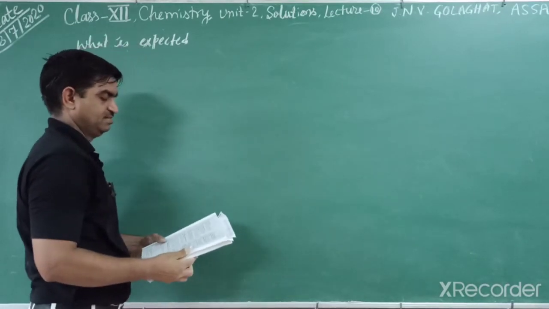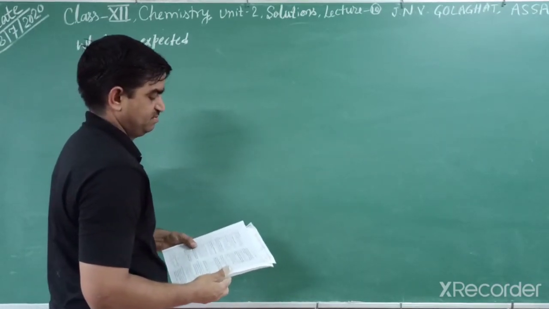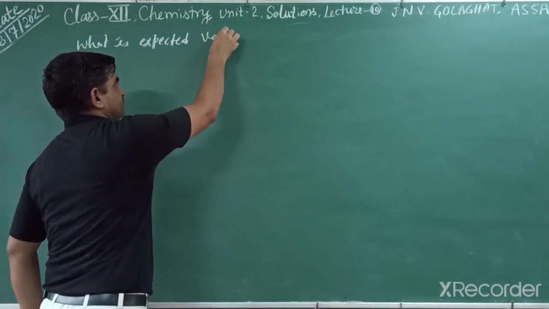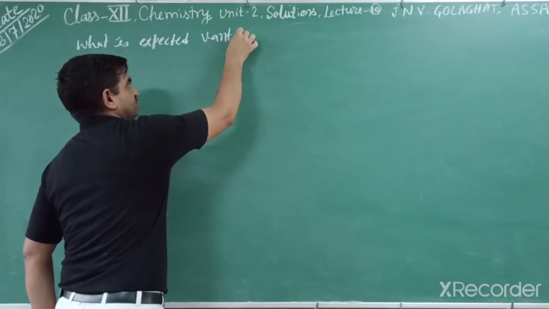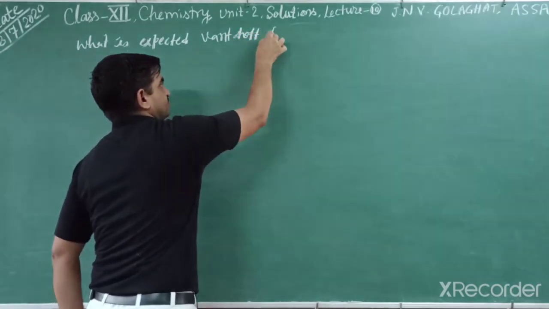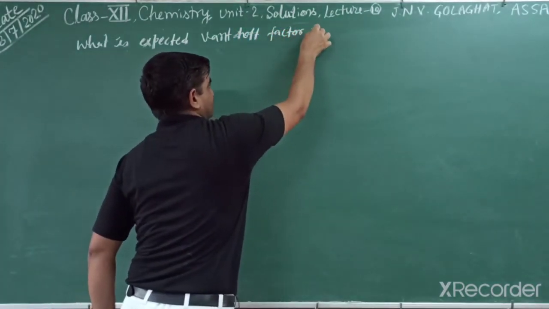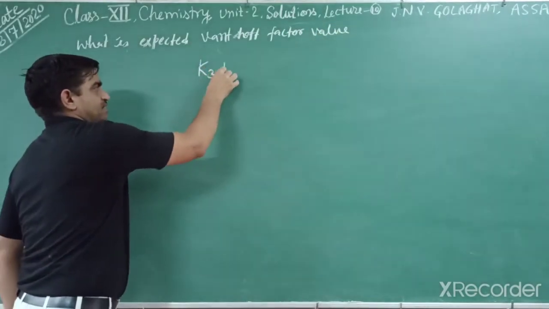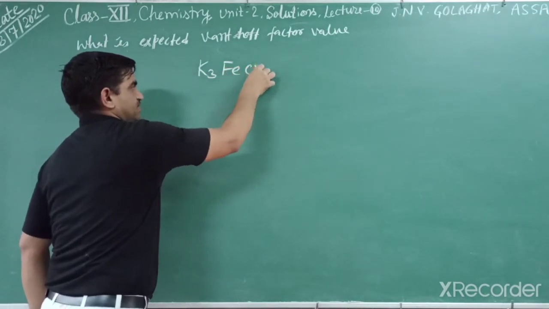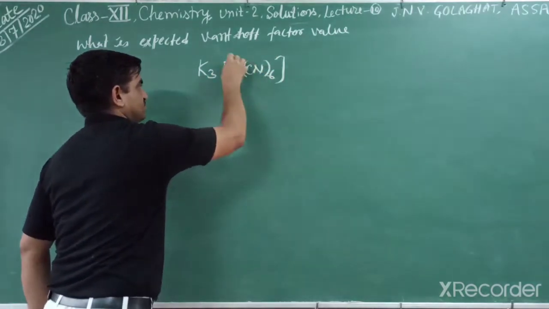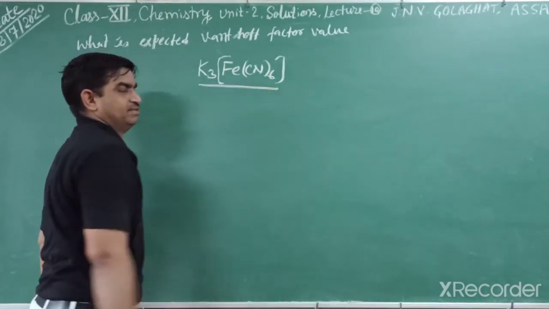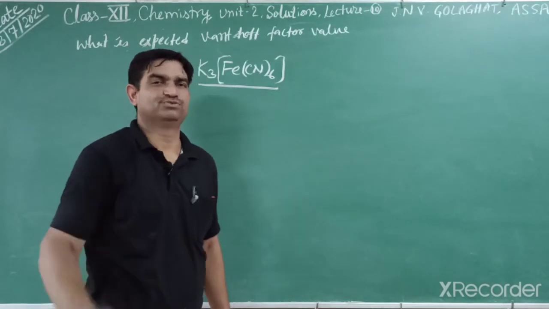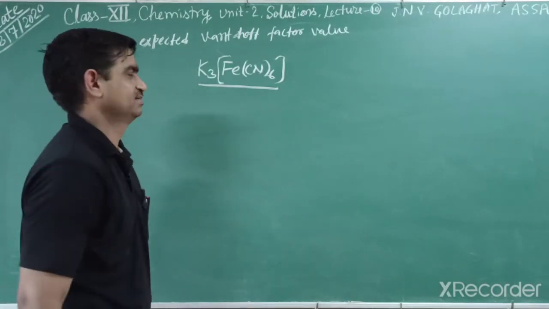Potassium ferricyanide: if the solution is dilute, it is assumed to be 100% dissociated, then what is the value of Van't Hoff factor?